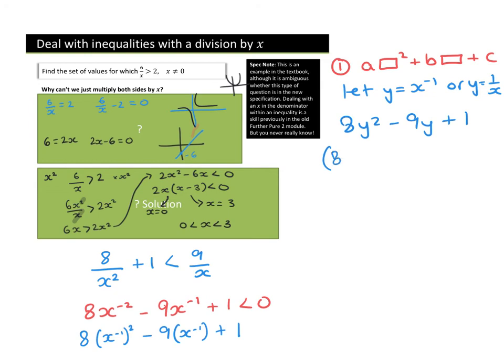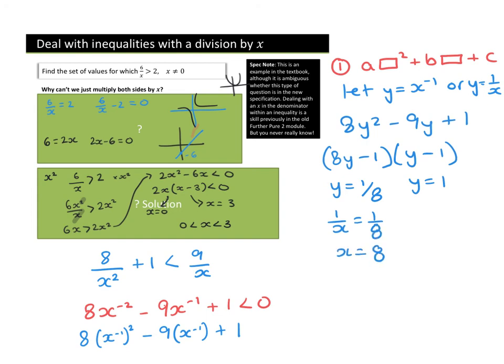Okay, I'm going to get 8y minus 1, and then y minus 1. So I'm going to get y equals 1 over 8, or y equals 1. We know that y equals 1 over x, so 1 over x equals 1 over 8, so x equals 8, or 1 over x equals 1, which is 1 over 1, so x equals 1. So that's one way to do it.